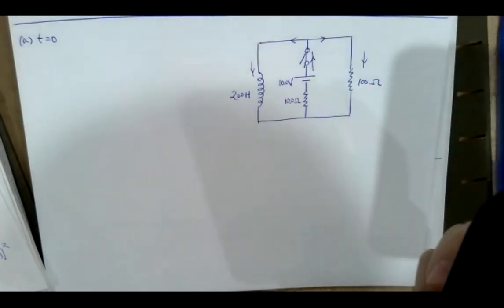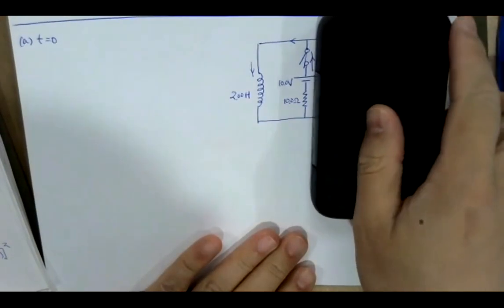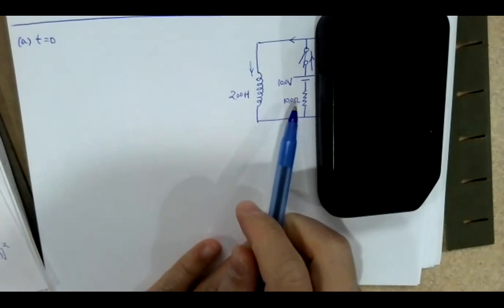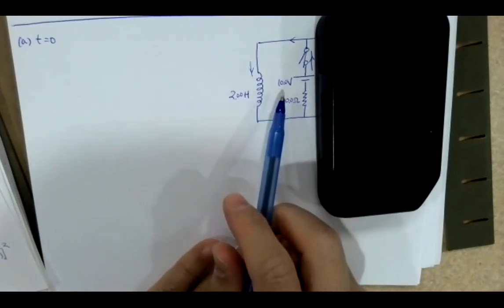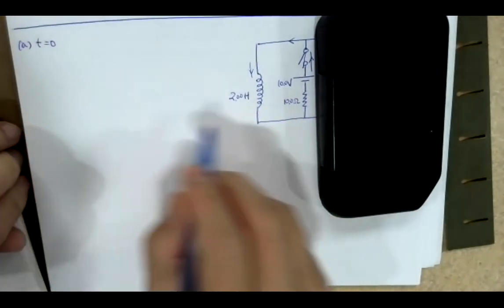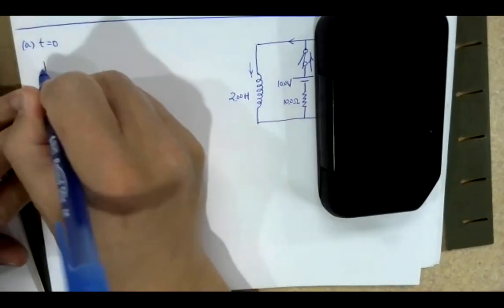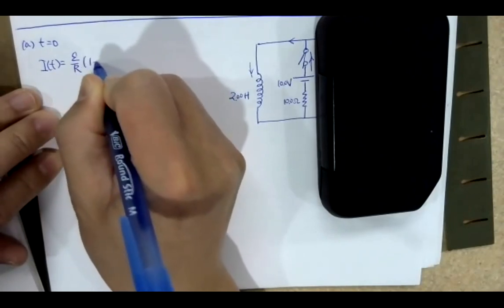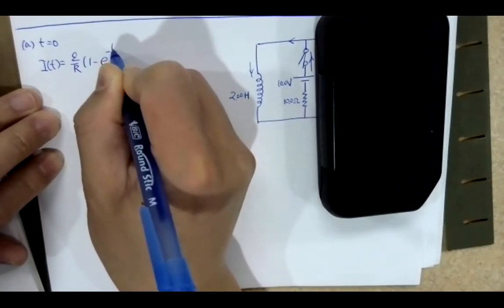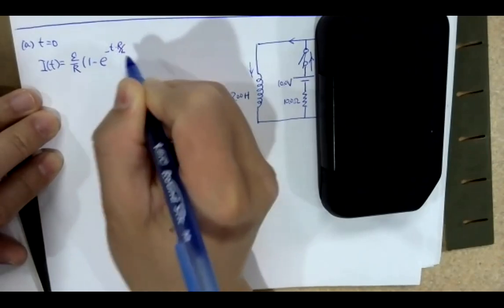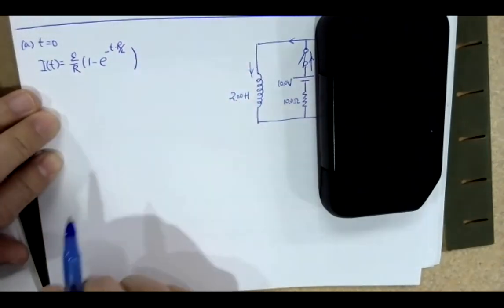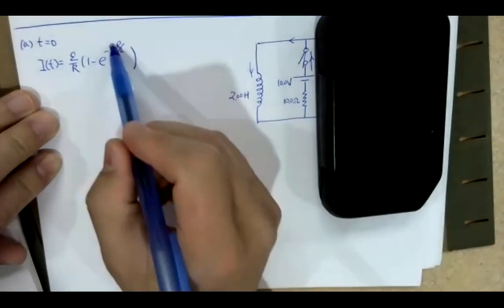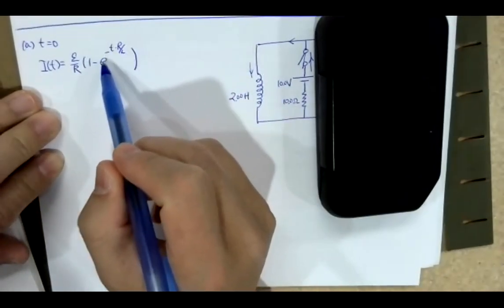Let's focus on the inductor, the left-hand side, first. We'll be looking at a circuit like this, with an R and an L. The current equation for the RL circuit is I(t) equals epsilon over R times 1 minus exponential of minus t times R divided by L. Right after the switch is closed, t is equal to 0.